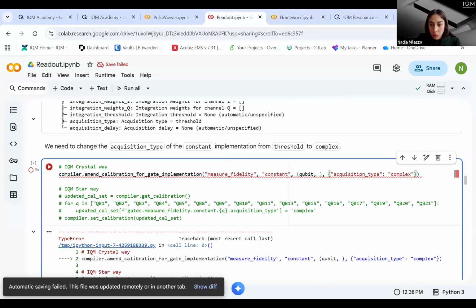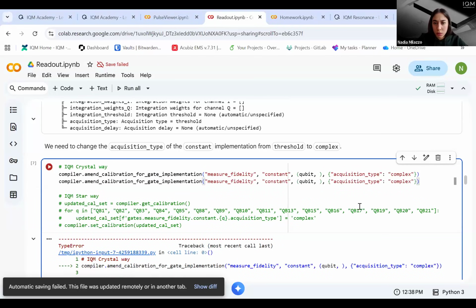Okay, let me quickly check what the problem is here. You should be able to use the same code that is used for IQM Star as well, but maybe for now it's just easier to switch to Star. But I guess it's the way qubit is written. Qubit is a tuple, and the brackets around qubit are the problem.